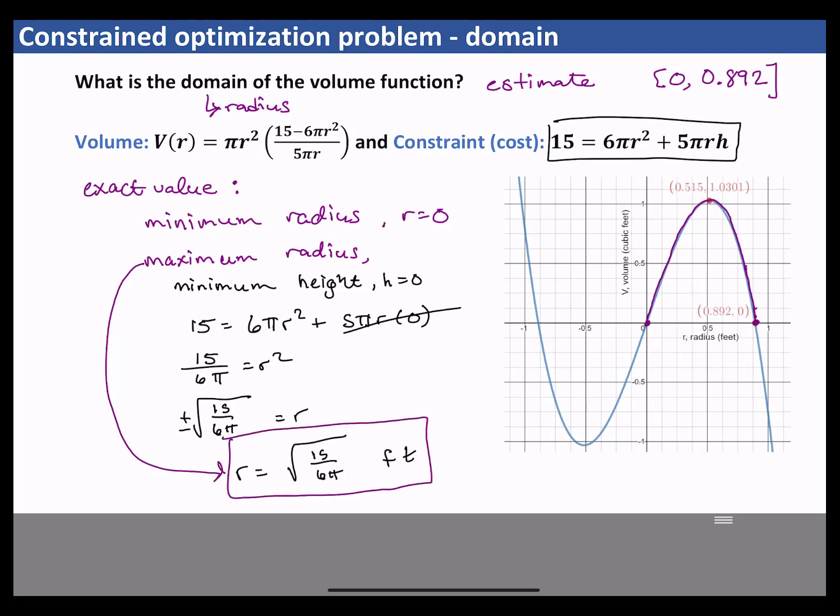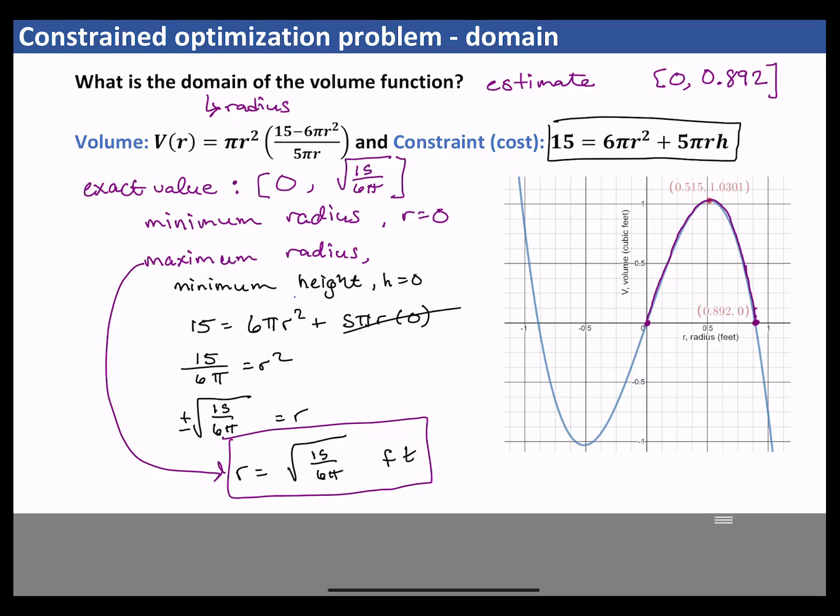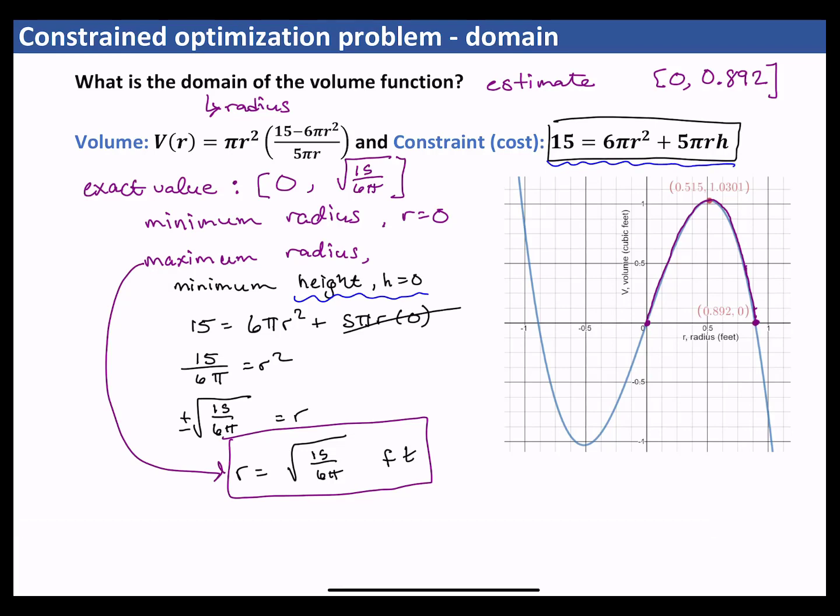So the exact value for our domain would be a radius of 0 all the way up to the square root of 15 divided by 6 pi. Again, we did that by thinking about the other variable h getting really, really small and then using our constraint to see what r would equal.